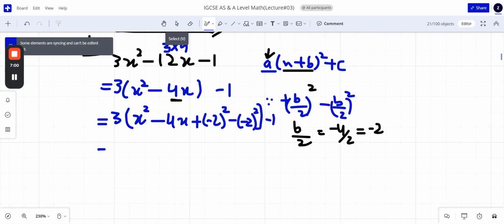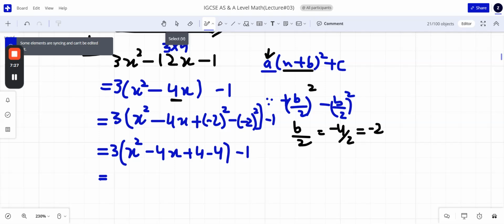Outside the parentheses the values stay the same. So 3, x square, minus 4x, and the square of minus 2 becomes plus 4, because the minus sign changes into plus when the power is even. So now it is plus 4 minus 4 and then minus 1.